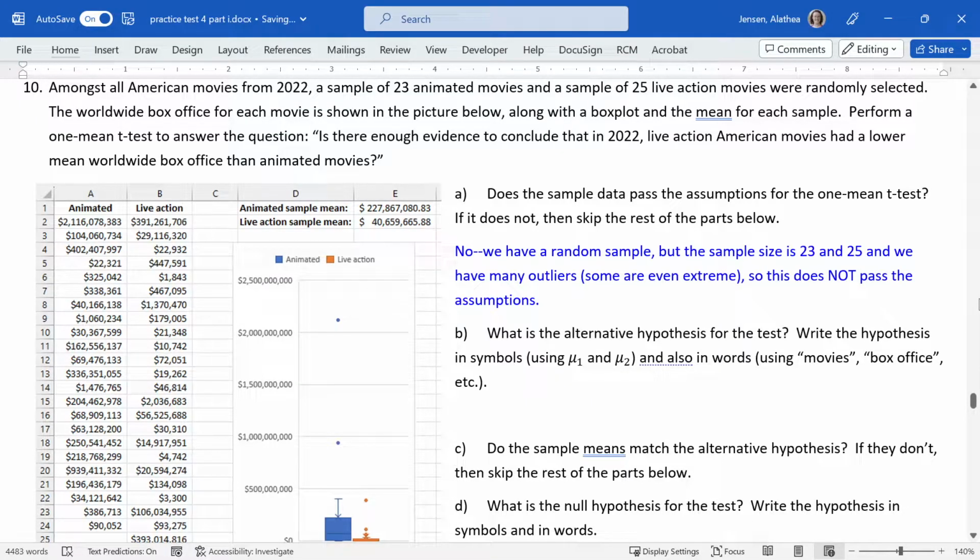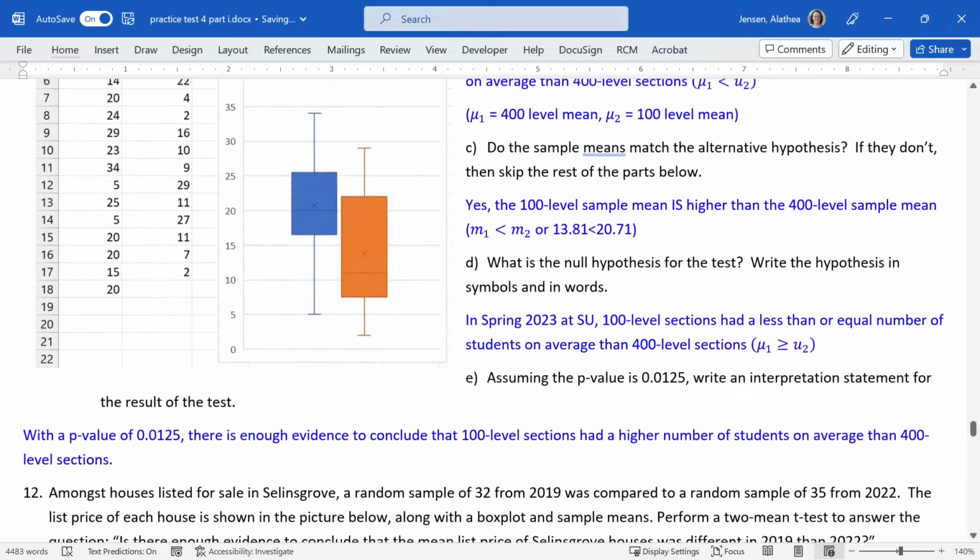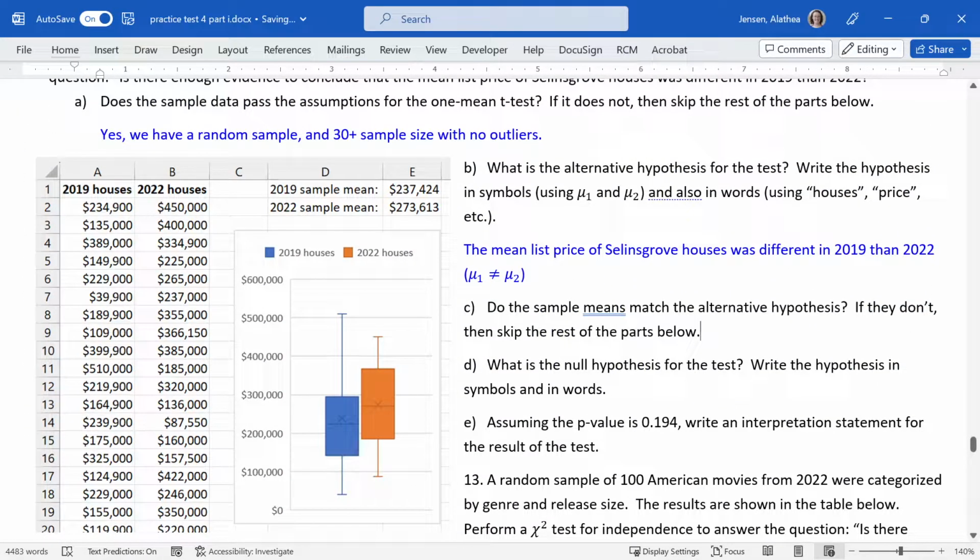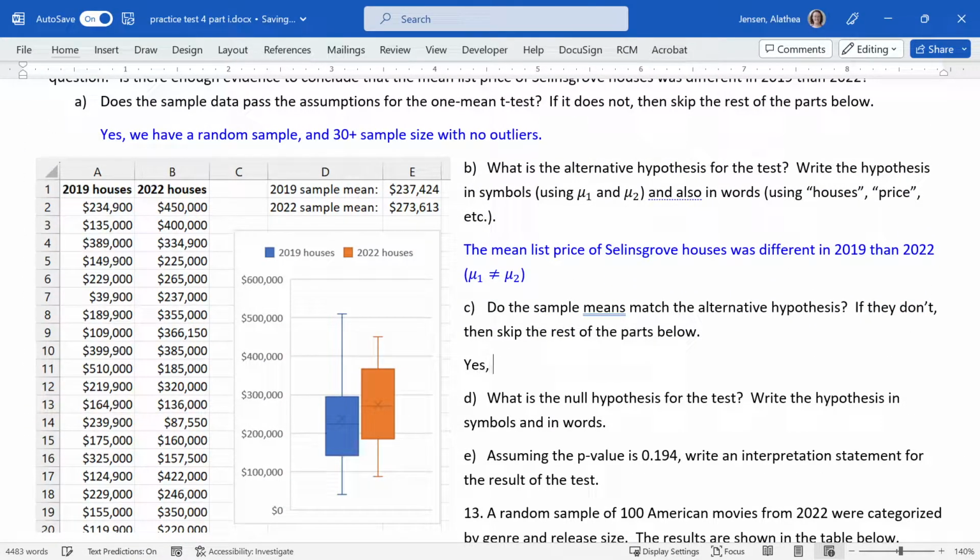Oh, I'm sorry, I'm on the wrong part. Okay, so yes, the two sample means are not the same. You can see that from the position of the x's on the box plot, or you can look at these two numbers up above here that I calculated for you.